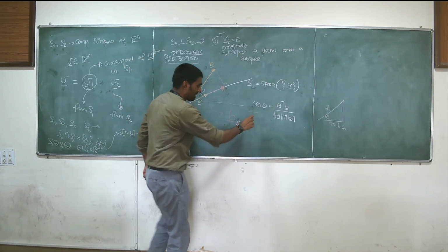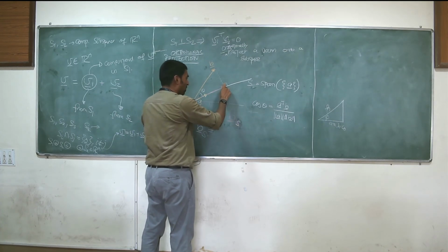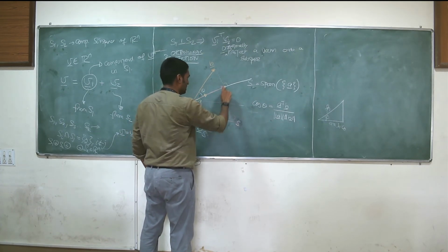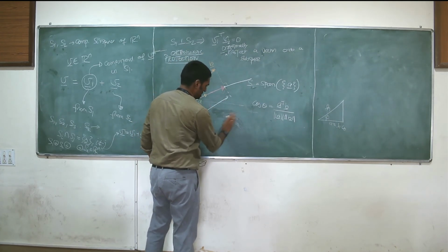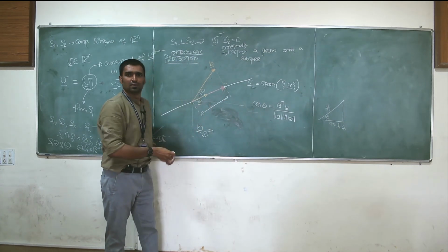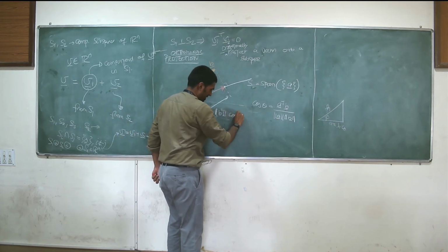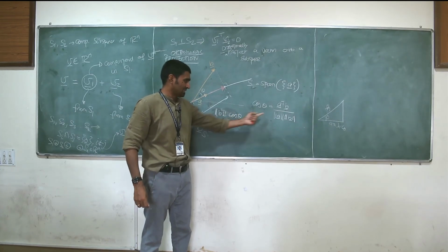So it looks like now we can get this length, the distance between this point and this point. What is this? You say B cos theta. Great. But what is cos theta? Cos theta is this.